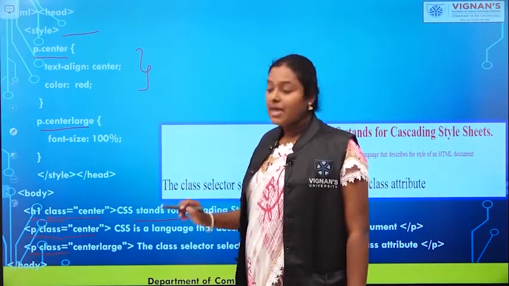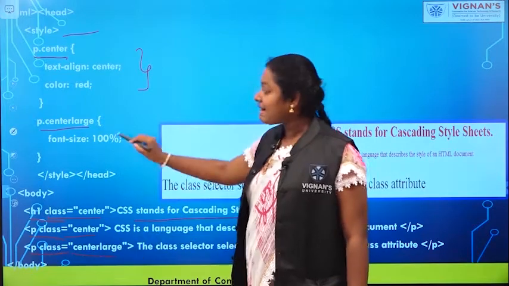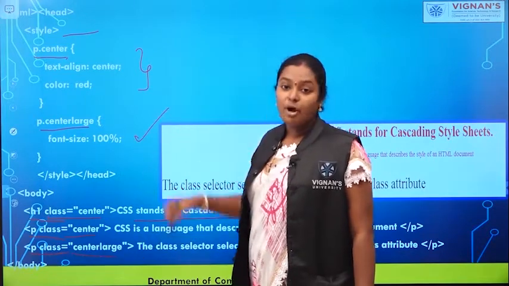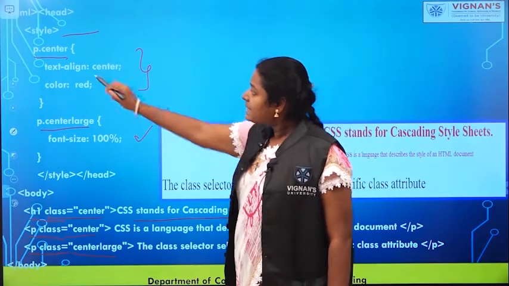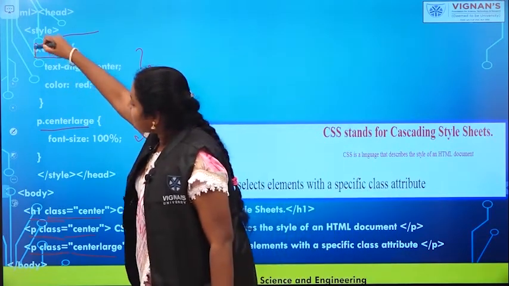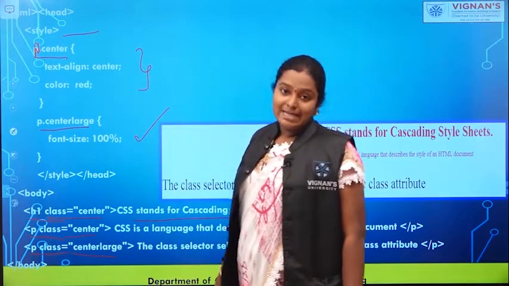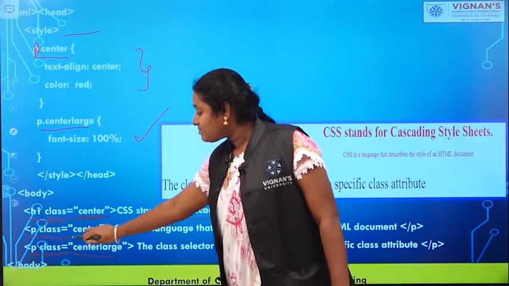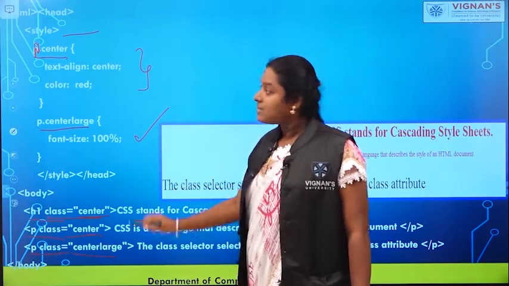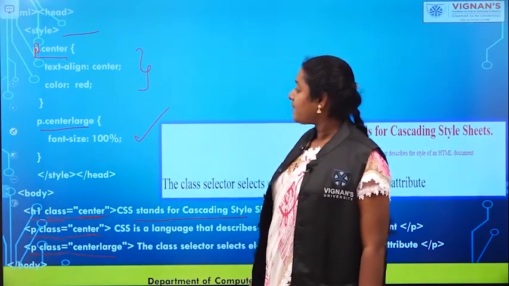And for the tag with class equal to centerlarge, these styles will be applied. For example, I had taken only dot center. Dot center means the classes with the name center. So for these two tags, these properties will be applied.